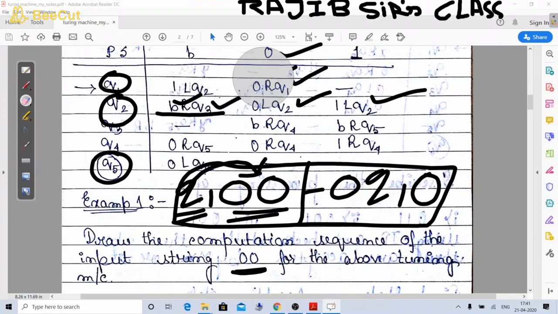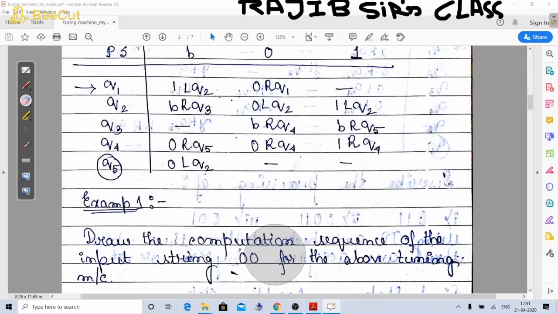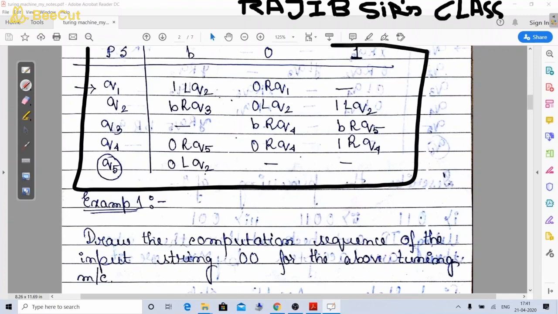Okay, so it is my request that if you want to understand this example properly, write this machine or this transition table on your pen and paper, and then you can understand the subsequent steps very easily.